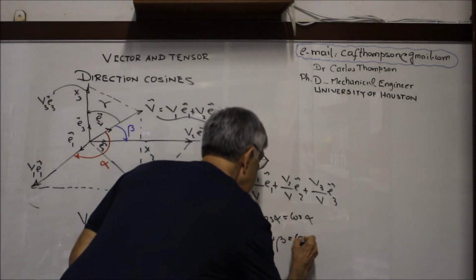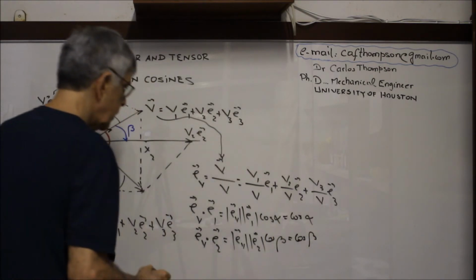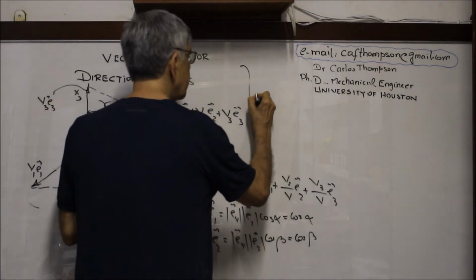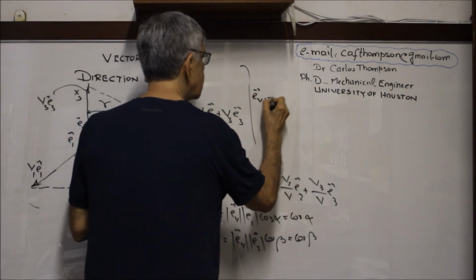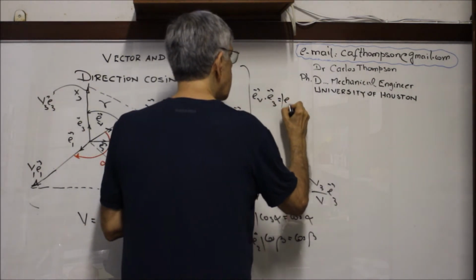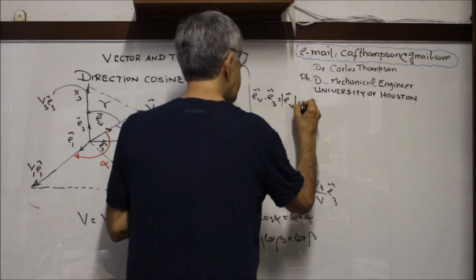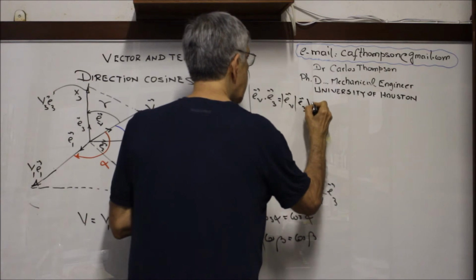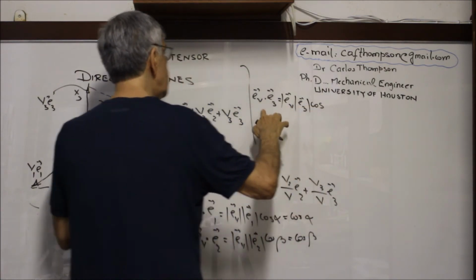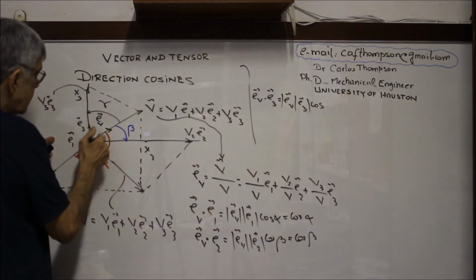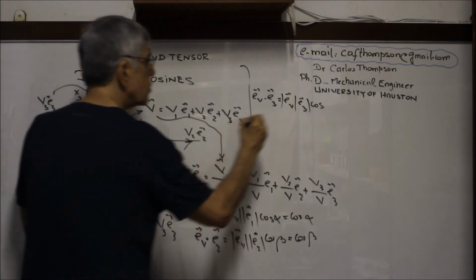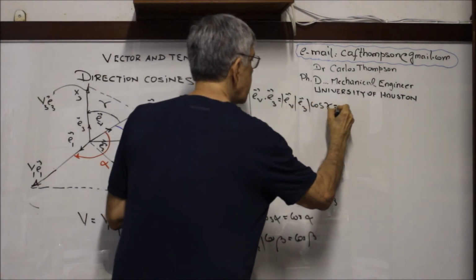In the same way, EV dot E3 will be the magnitude of EV times the magnitude of E3 times the cosine of the angle between EV and E3. This is the angle gamma, so cosine of gamma.